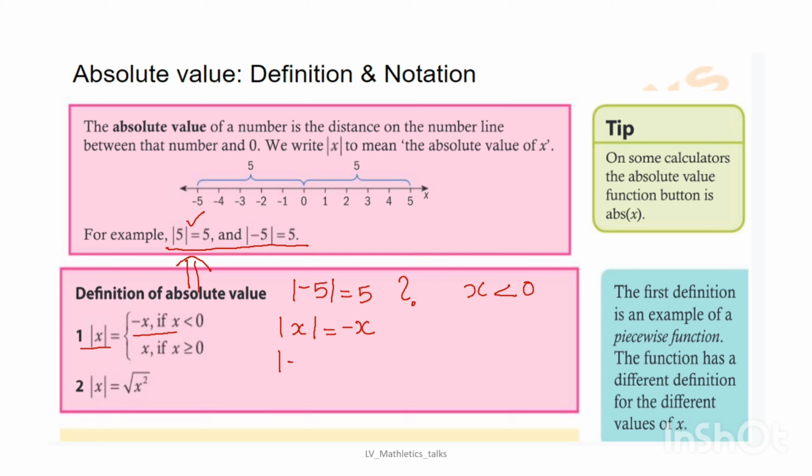So absolute value of minus 5. See carefully, focus on what I'm going to do here. x will be replaced, so minus of, in the place of x, within the bracket, minus 5. So what is minus of minus 5? 5. So that is why minus 5 absolute value is again 5 using the definition. Hope you understood that.